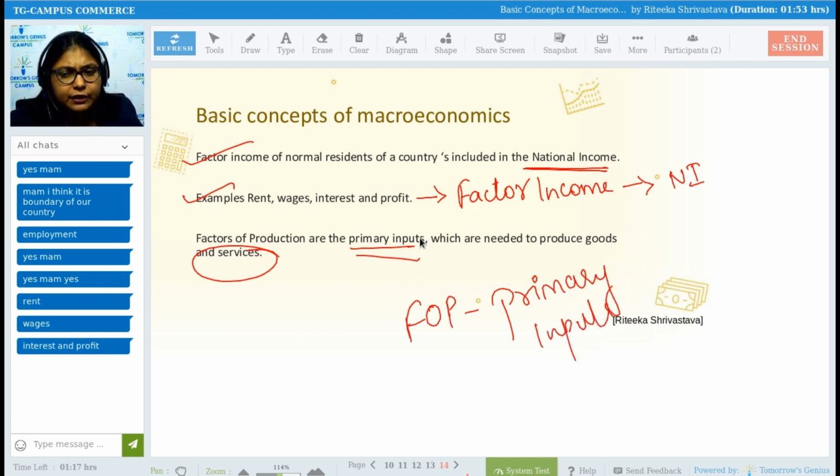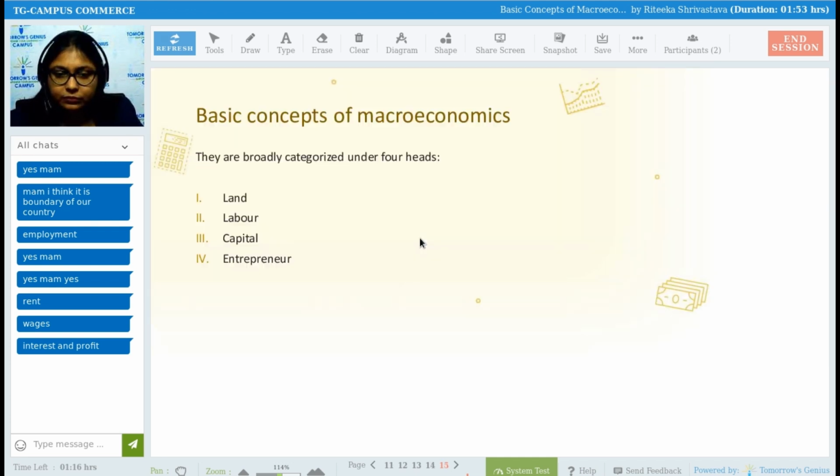Very important for factual questions. Why primary inputs? As I said earlier also, there are so many different factors of production required for the production process. But these four are the most important factors of production, and that is why they are called primary inputs.